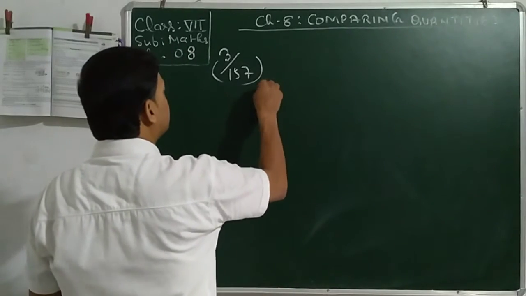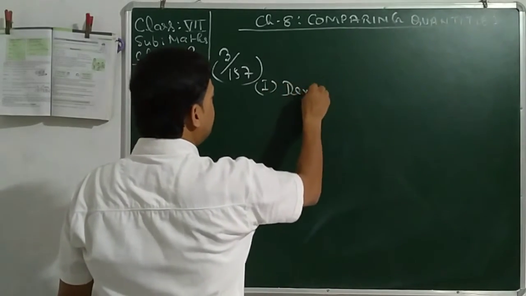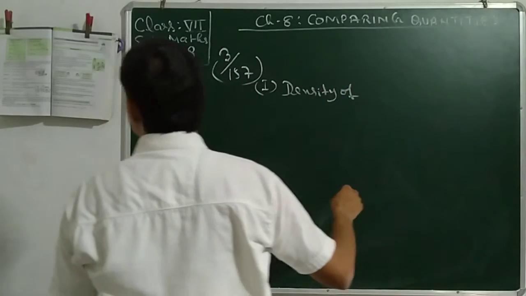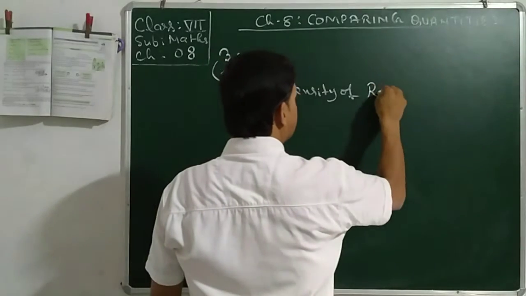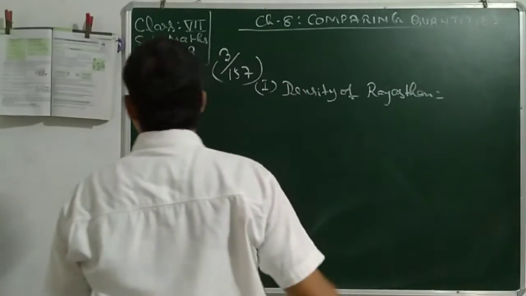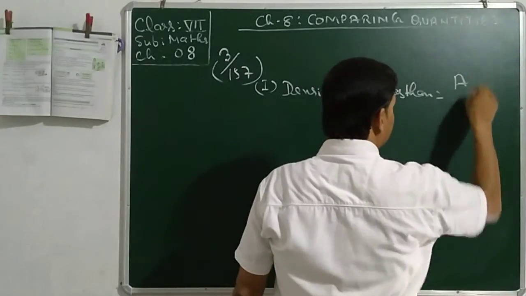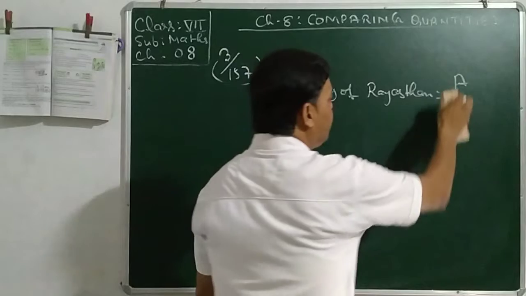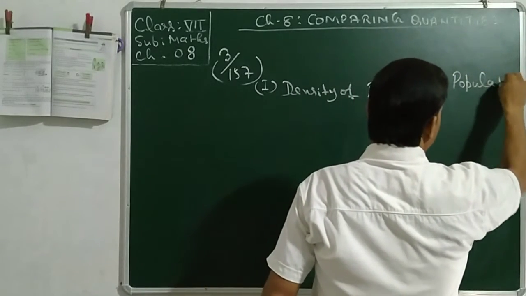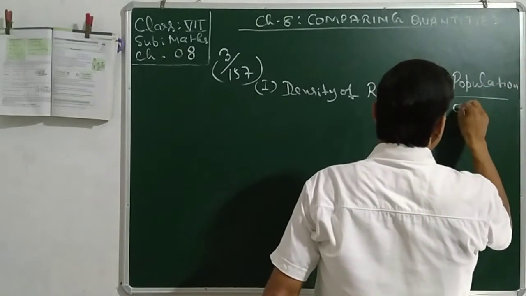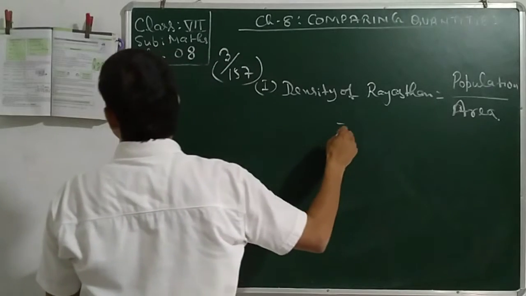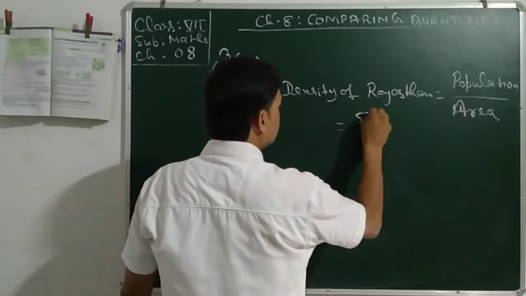So we can write up the first one, density of Rajasthan first. That will be population by area. Density can be found by dividing the population by area.